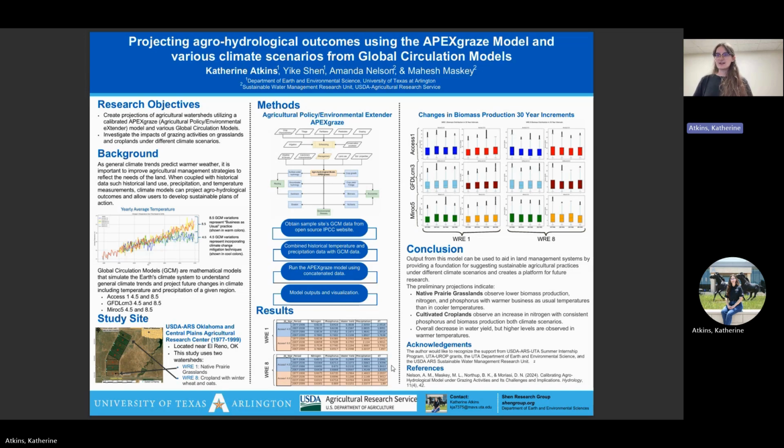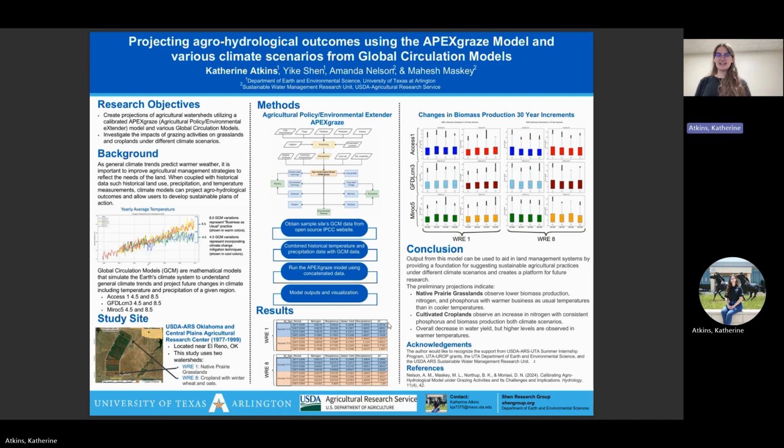First, let's take a look at this table right here, which shows watershed number 1 at the top and watershed number 8. Highlighted in blue is the 4.5 variation of ACCESS1 specifically, which is the cooler variation. And then in orange, we see the 8.5 variation, which is once again the warmer temperatures. Overall, we can see a general decrease in soil nutrients and soil health with an increase of temperature.